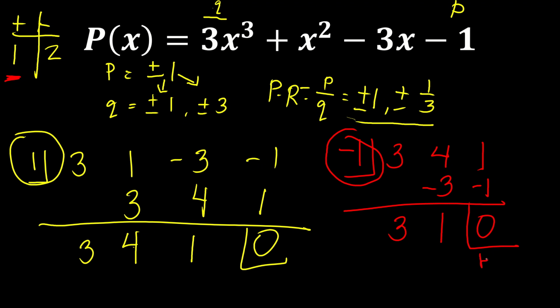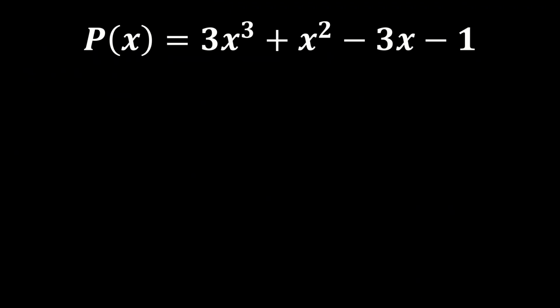So, again, etong 0 sa dulo is the remainder. So, that means si 1 ay si constant, si 3 ay si x. So, kapag nire-write natin yan ay 3x plus 1. Since x na lang yan, i-equate na lang kay 0.